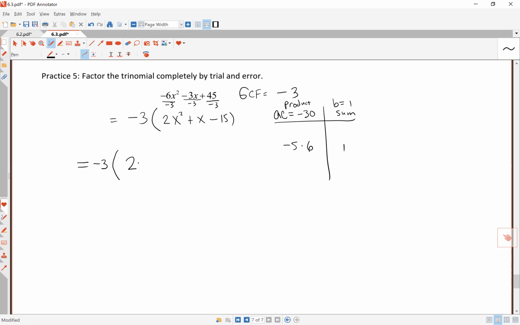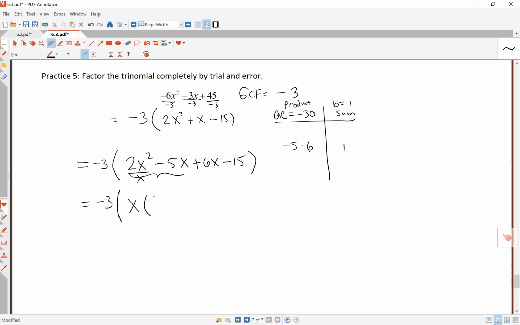So we replace the positive x with negative 5x plus 6x. And now we factor by grouping. From the first pair, we can factor out an x.